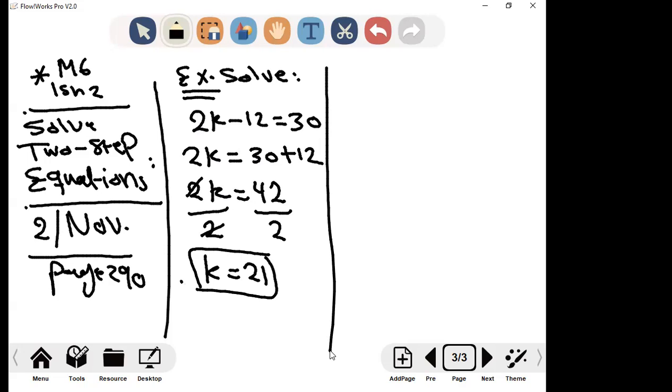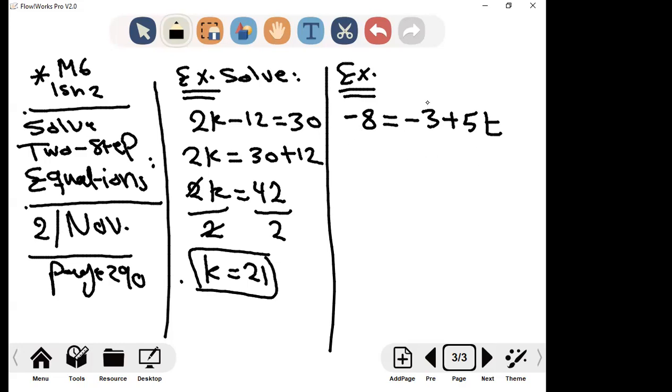Another example, just to remember, for example, negative 8 equal negative 3 plus 5t. Now, where is the constant number here?